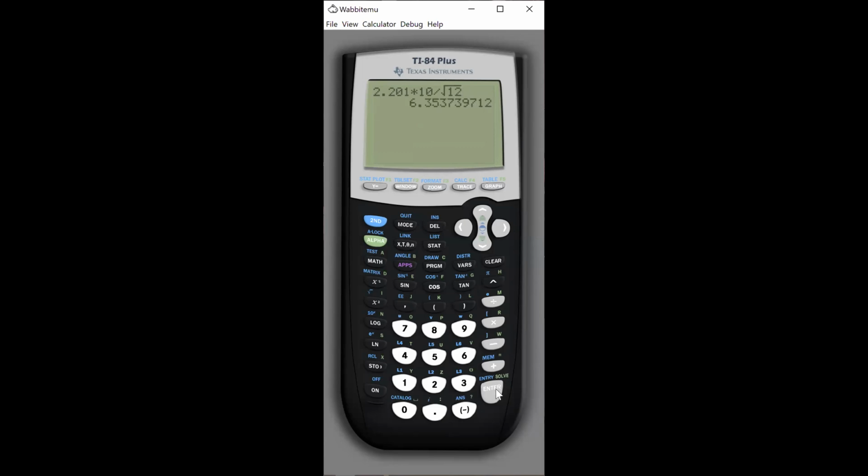If I work that out, you get your margin of error to be 6 point, let's get two decimal places, so we get 6.35.